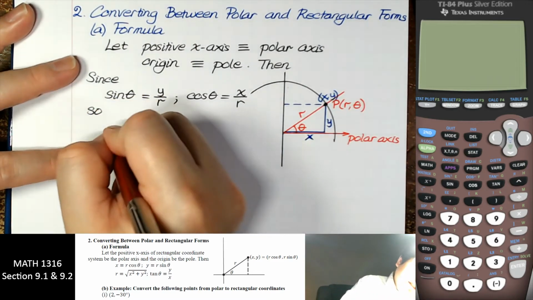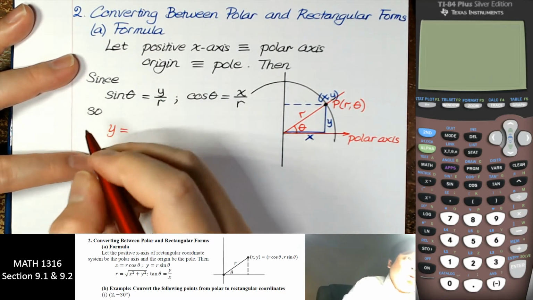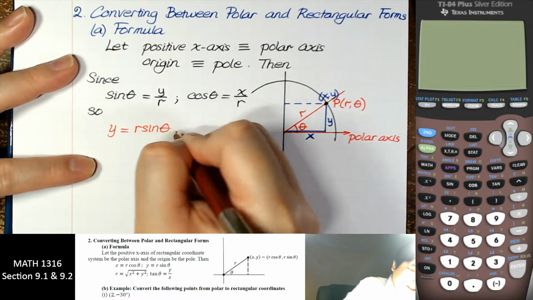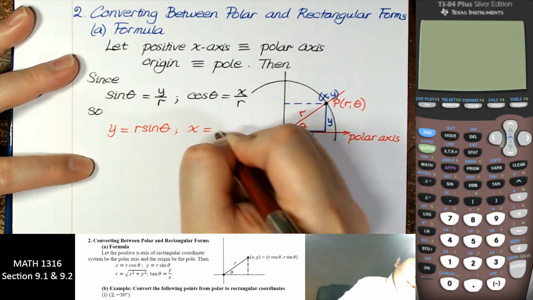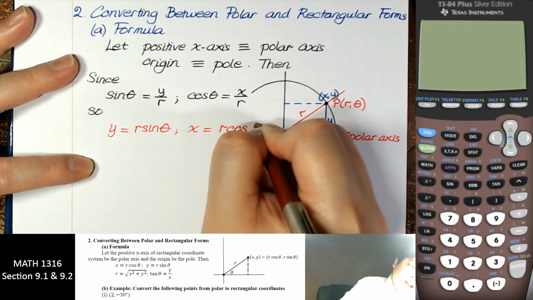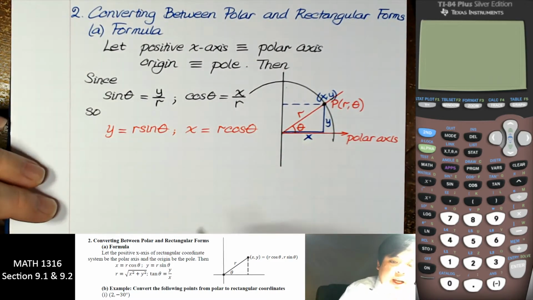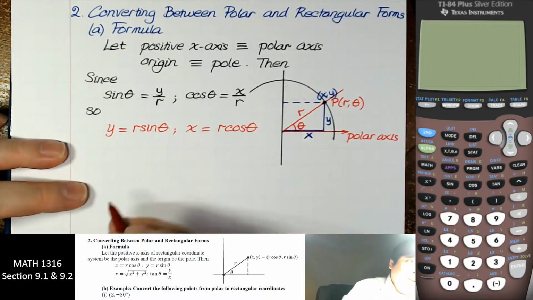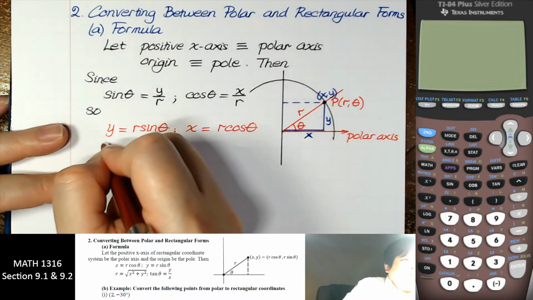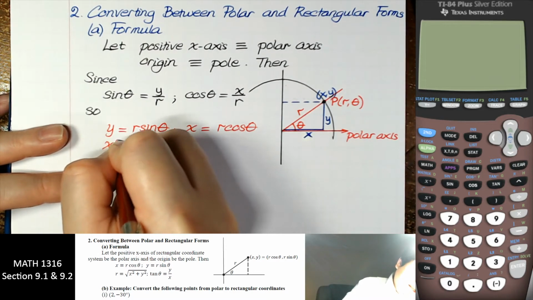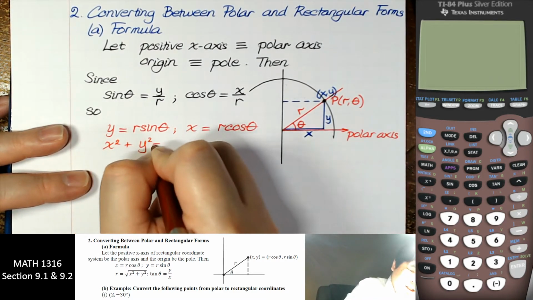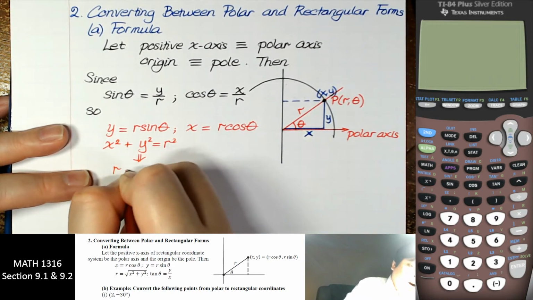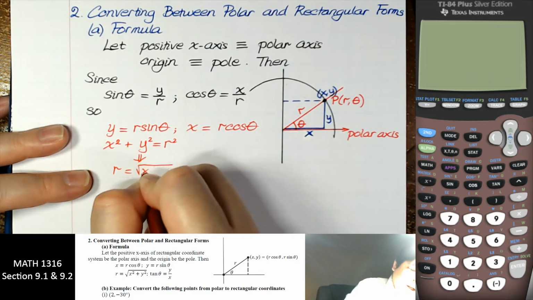We have y equal to r sine theta, and x equal to r cosine theta. And also in this triangle we have the Pythagorean theorem, which is x squared plus y squared equal to r squared. Or we can write r equals square root of x squared plus y squared.